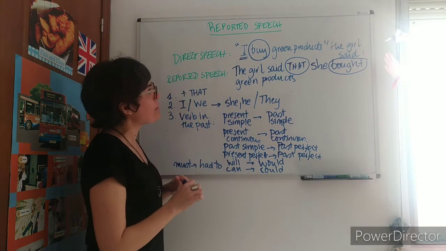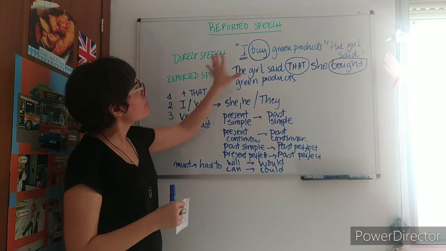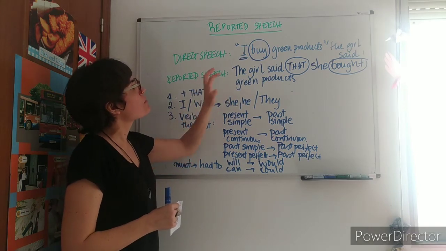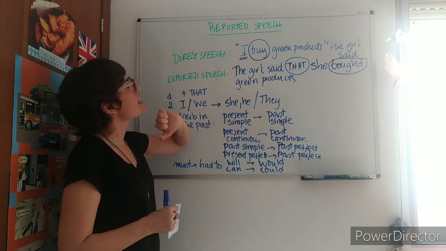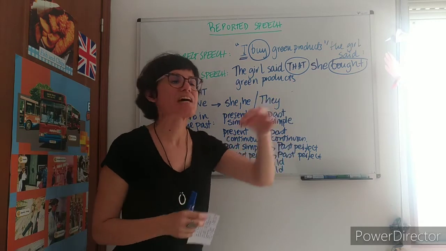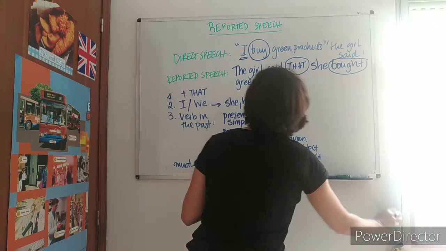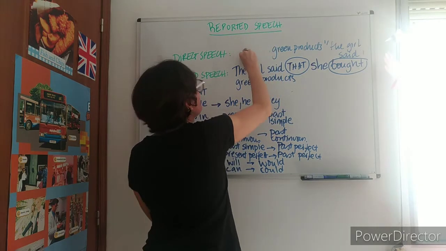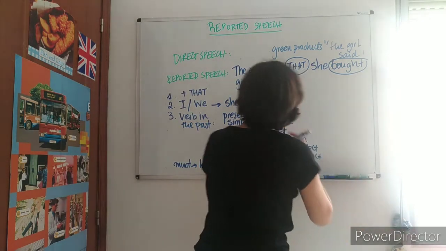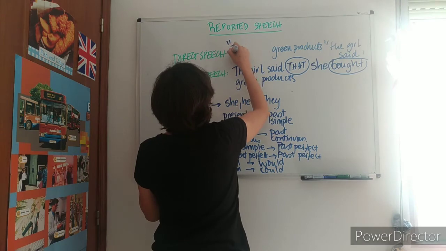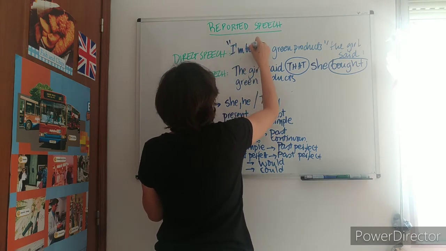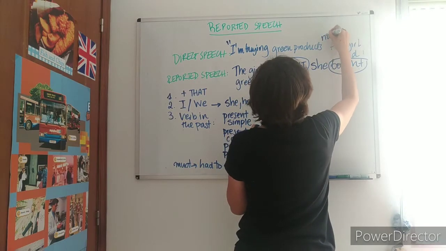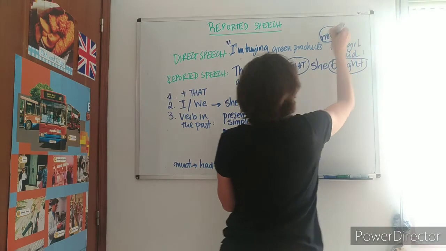But what happens if at the end of the sentence, for example, here I buy green products, instead we say I am buying green products now, and we include now.